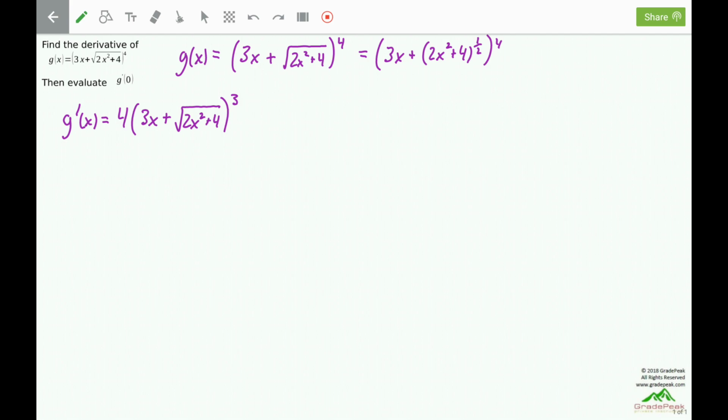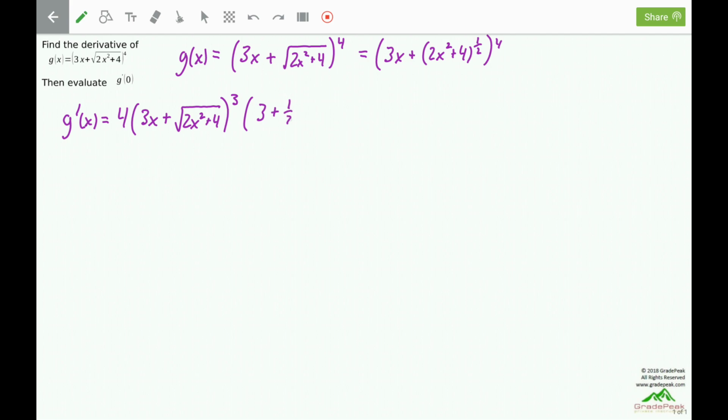We're going to take the derivative of the inside. For that, I'm going to use this version of the inside. That's where I'll need that 1/2 power instead of the radical. The derivative of the inside will be the derivative of 3x, which will be a 3, and then the derivative of that 1/2 power.